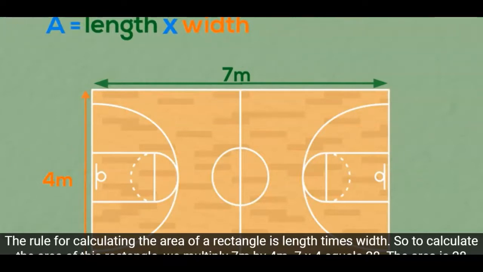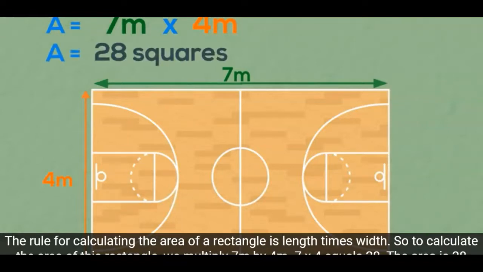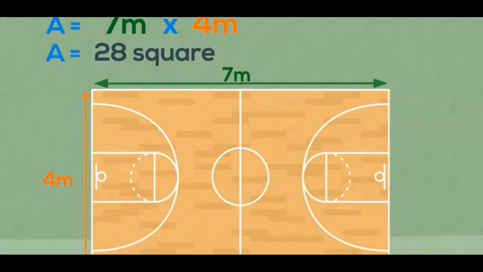So, to calculate the area of this rectangle, we must multiply 7 meters by 4 meters. 7 times 4 equals 28. The area is 28 squares. And because our measurements are in meters, the area is 28 square meters.